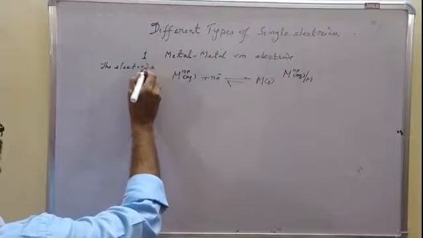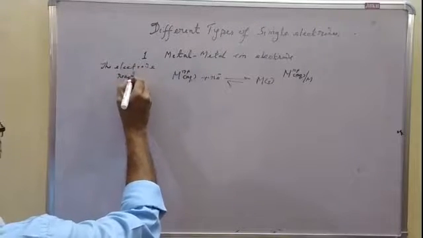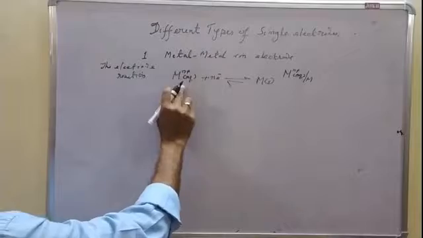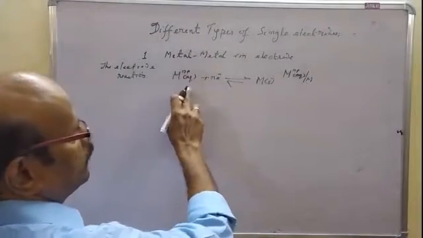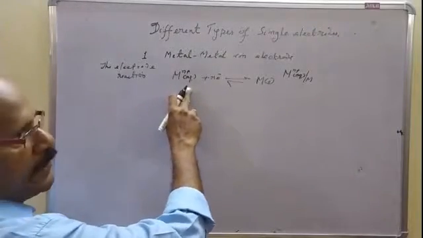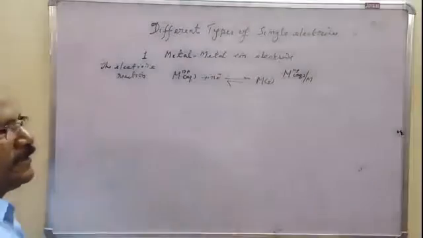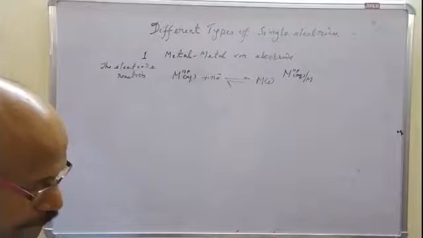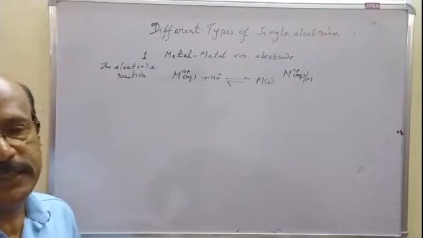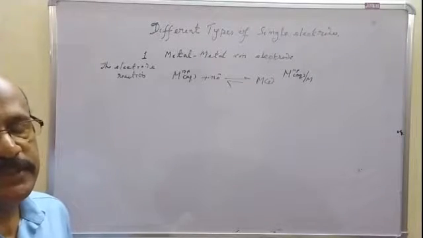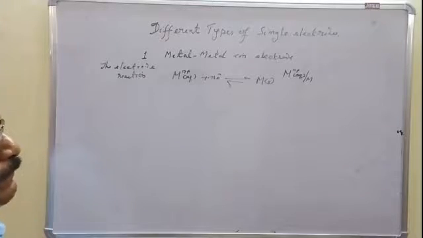That is, a conventional metal ion electrode is an electrode reversible with respect to the metal ion.